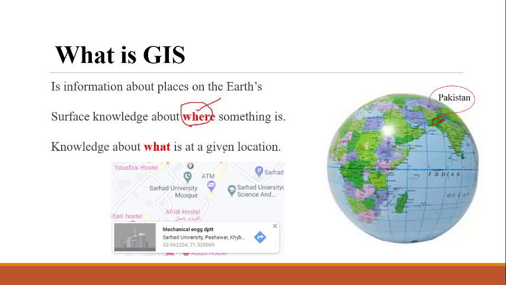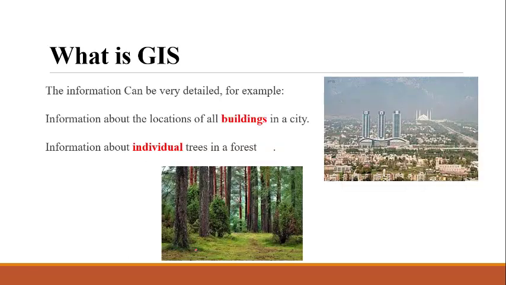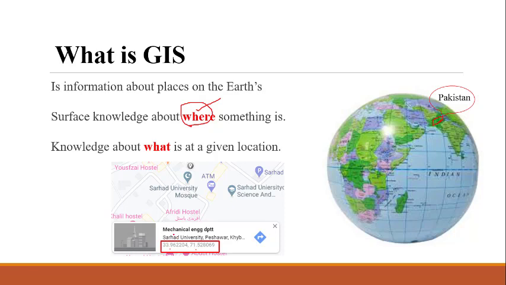For example, if a latitude and longitude is given, we can see what is lying at that specific latitude and longitude. So there is a mechanical engineering department at this specific location.